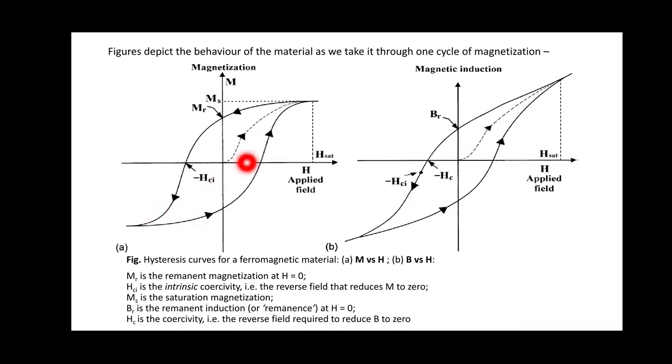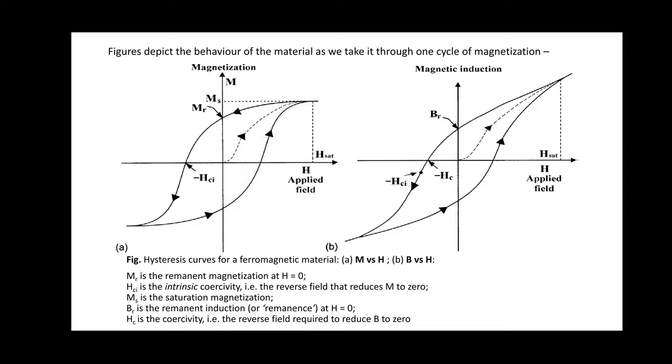In this case, the direction of saturation is reversed, and when we decrease the field, the magnetization also decreases, but it does not first reach zero. Magnetization does not reach zero, but the field reaches zero first, and then we increase. This curve goes like this.